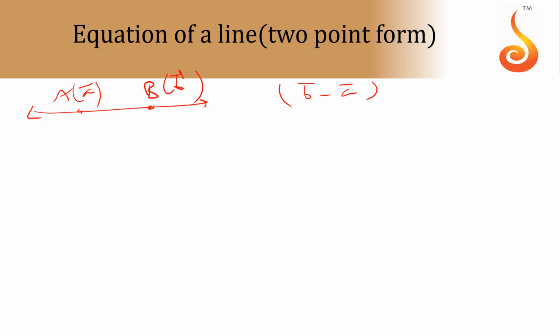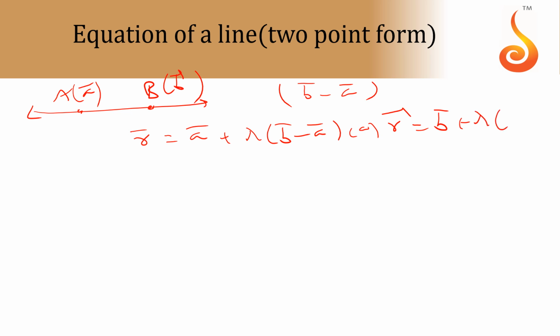So I can write R bar equal to a bar plus lambda times b bar minus a bar, or R bar equal to b bar plus lambda times b bar minus a bar. If you use the unit vector in place of b bar minus a bar, whatever lambda you give, at mod lambda distance from a bar, if you use a bar here, you will generate the points. If you use b bar here, from b bar you will generate the points.